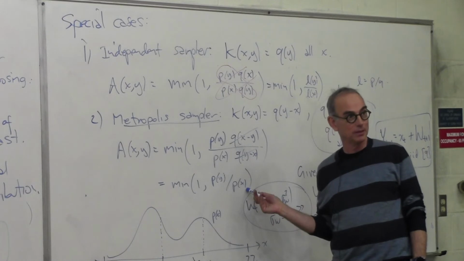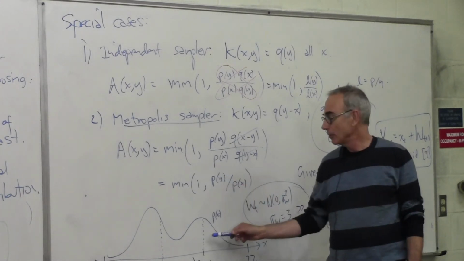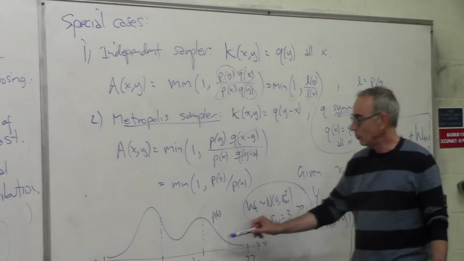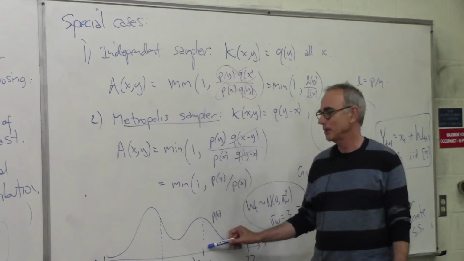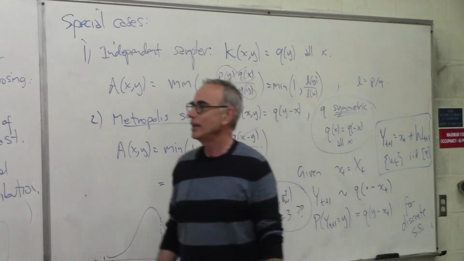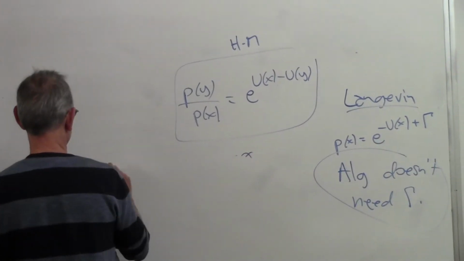Whenever the new value is bigger, you accept with probability 1. So for a very small variance, you live in one region of attraction for a long, long time, and then you jump over here for a long, long time. And if you look at the Langevin diffusion, it's just what you'd expect.